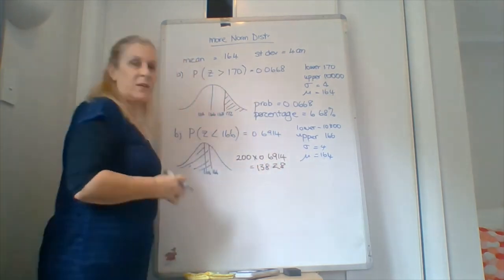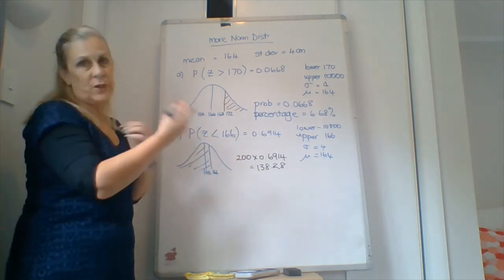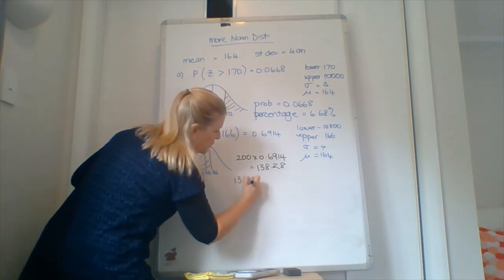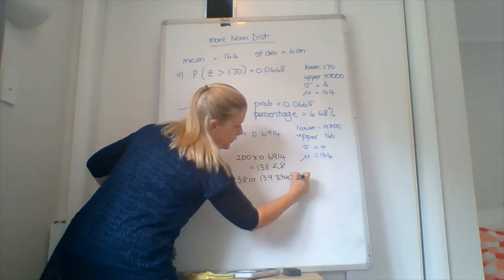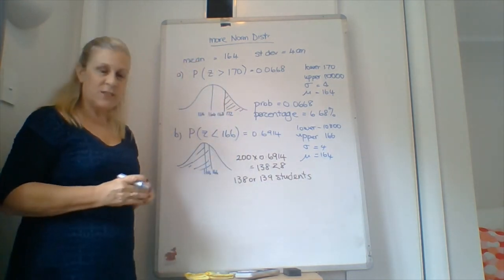But we haven't seen too many 0.28 people wandering around, so we usually just pick the two numbers either side. So our answer would be 138 or 139 students are less than 166 centimetres tall.